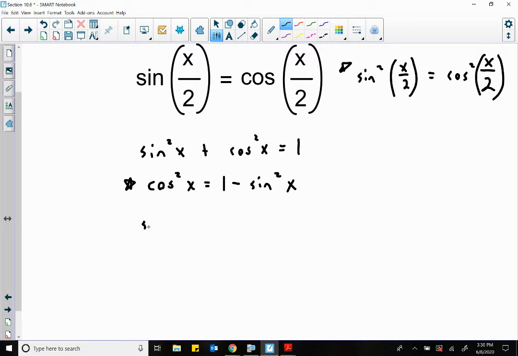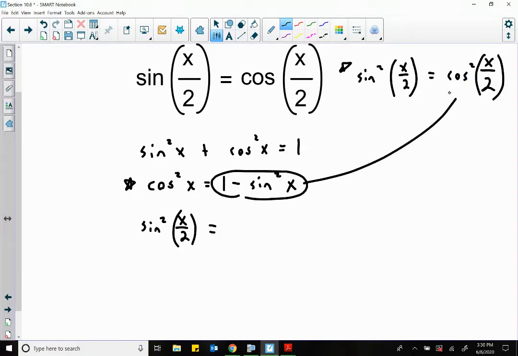And what we get is sine squared x over 2 equal to cosine squared, just switch these two pieces out with each other. This is going to go in there. And that will give you 1 minus sine squared half angle.